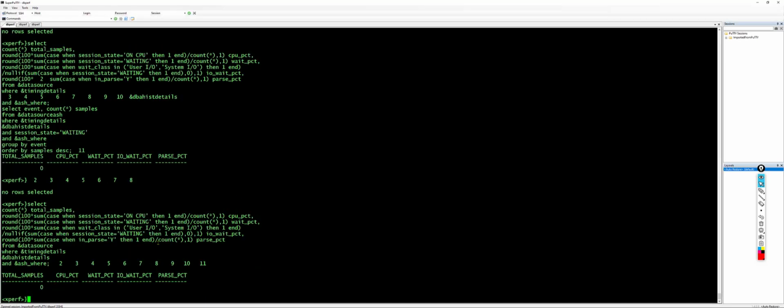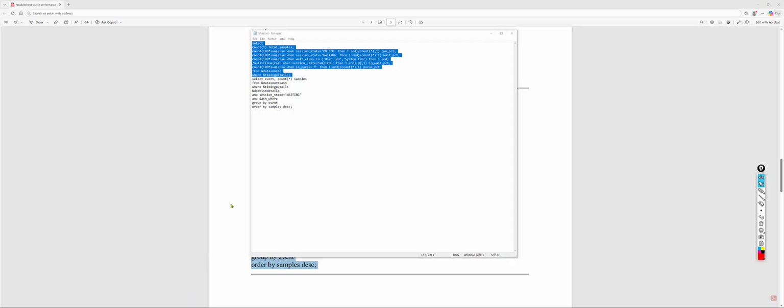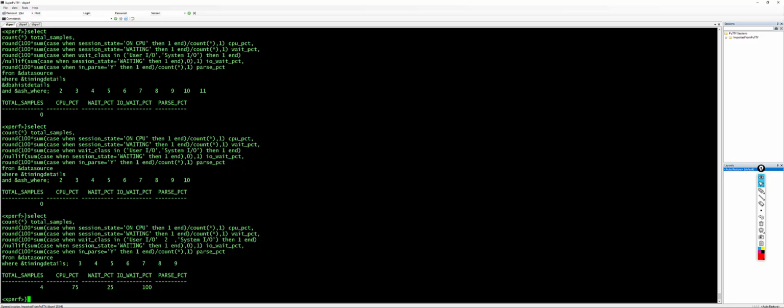Let me execute the first one, and let us remove certain clauses from the query, because a few of the information may not be needed. I just removed the unwanted information.